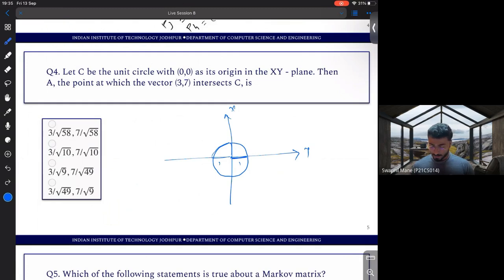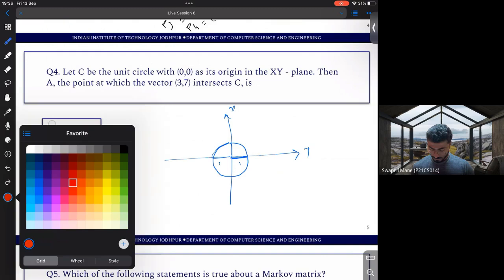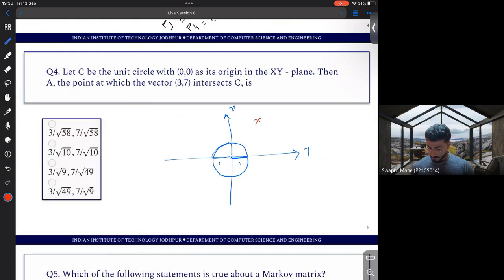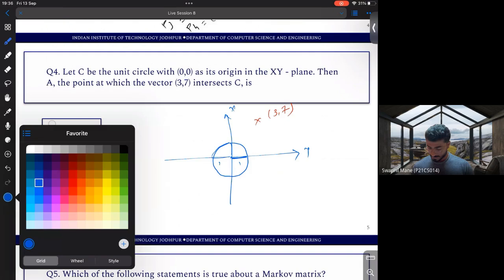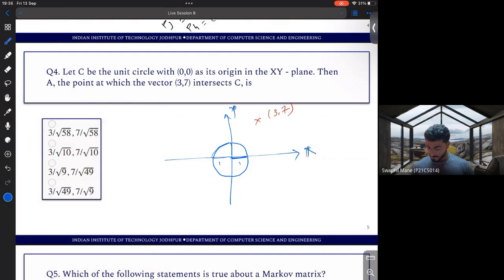So let's see what exactly the question is asking. Then A, the point at which the vector (3, 7). Let's take a point (3, 7). It is on the x-axis, and like exactly y x.